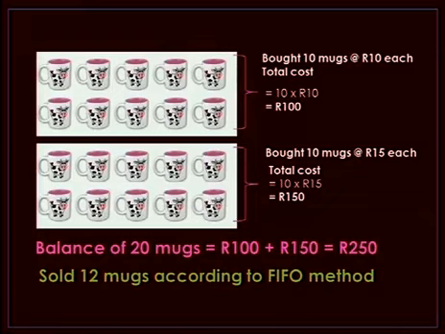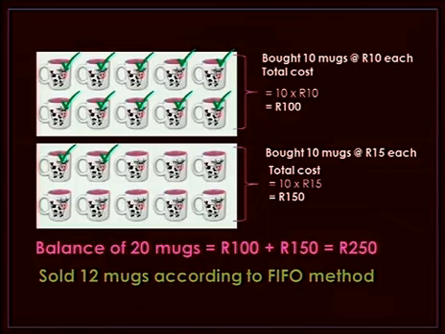What if you now sell 12 mugs according to the FIFO method? Now you have to work out your closing stock. Once you've sold it, you're going to sell mug number 1, 2, 3, 4, 5, 6, 7, 8, 9, 10. Because first in, first out says the stock that was purchased first will be sold first.